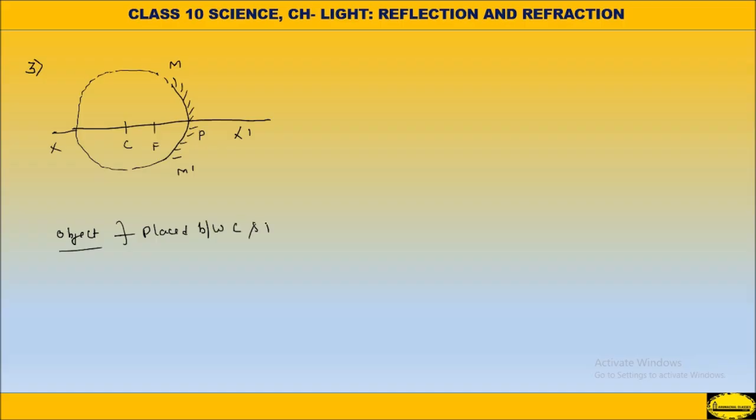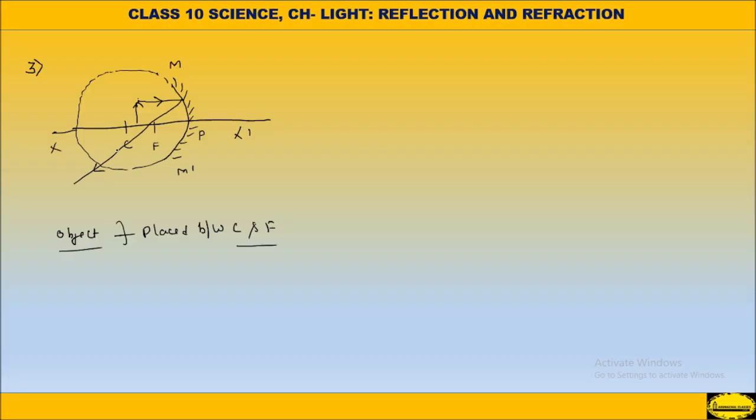So here it is placed. This will be object AB. So when a ray of light touching the head of the object, parallel to the principal axis, gets incident on the reflecting surface of concave mirror, it passes through the principal focus of the concave mirror.